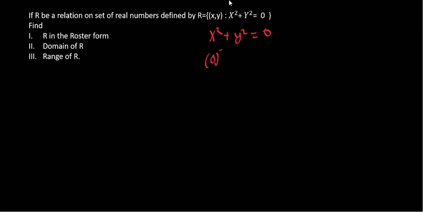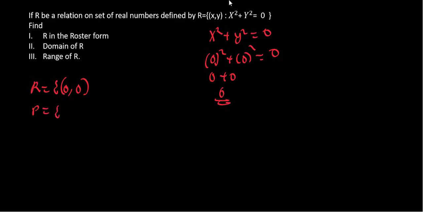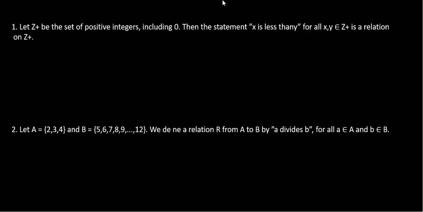It is just 0, because 0 squared is 0, 0 squared is 0. So the relation there is 0 comma 0. What's the domain? The domain is 0. What is the range? The range again is 0. So simple and straightforward.